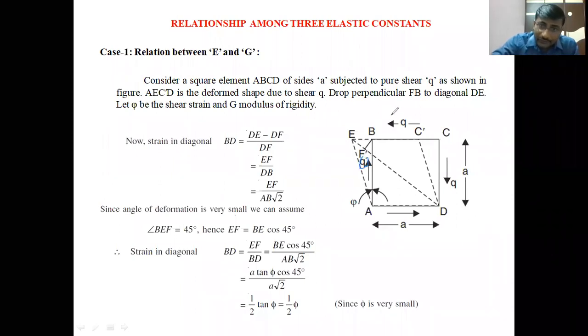Resultant of these two shear forces or shear stresses on the diagonal, the resultant in this direction, is Q itself. Resultant is also Q itself.